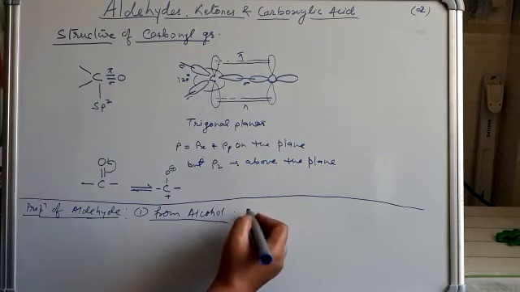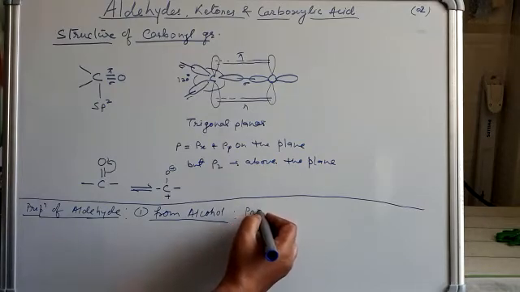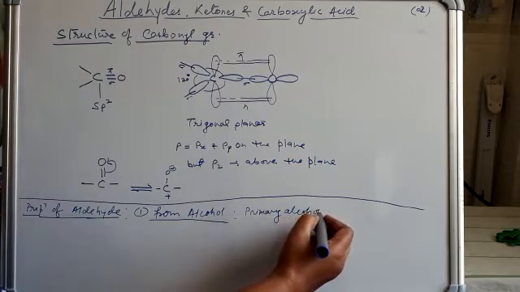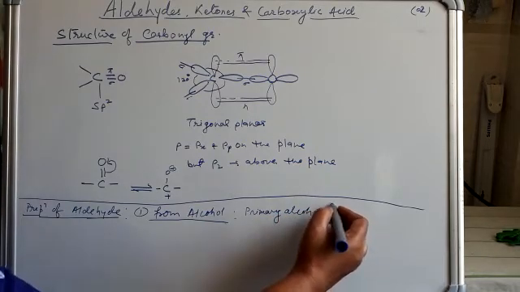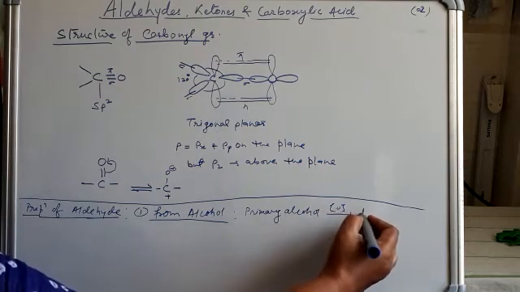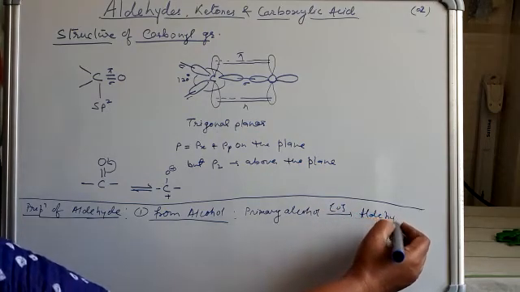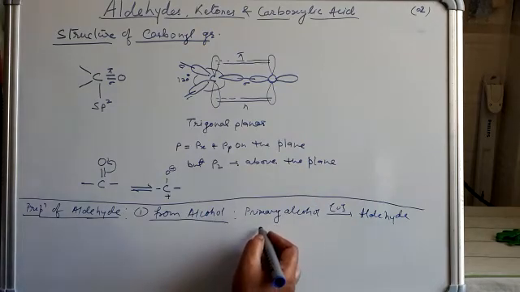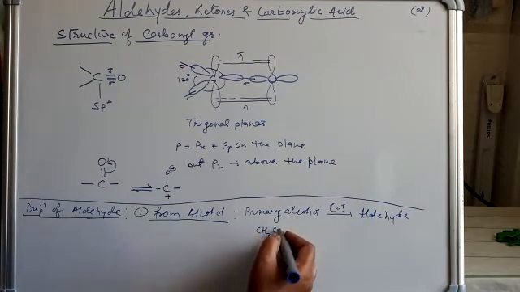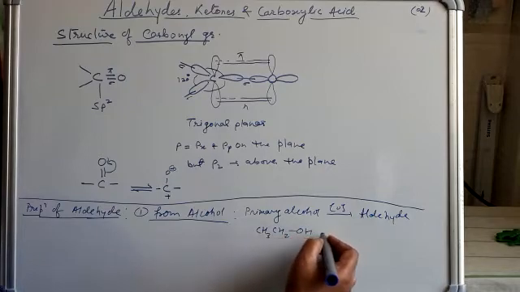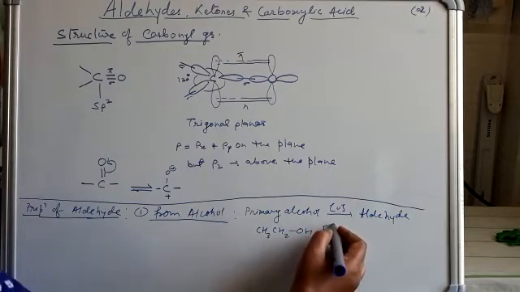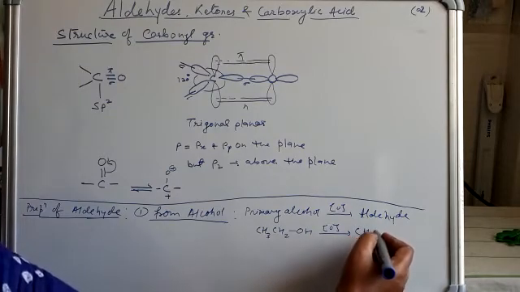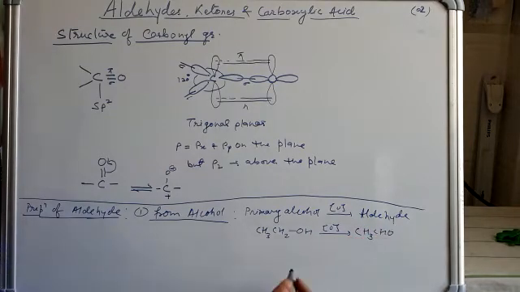Primary alcohol, when oxidized, forms aldehyde. Which reagent is used? Primary alcohol, when it undergoes oxidation, converts into aldehyde.